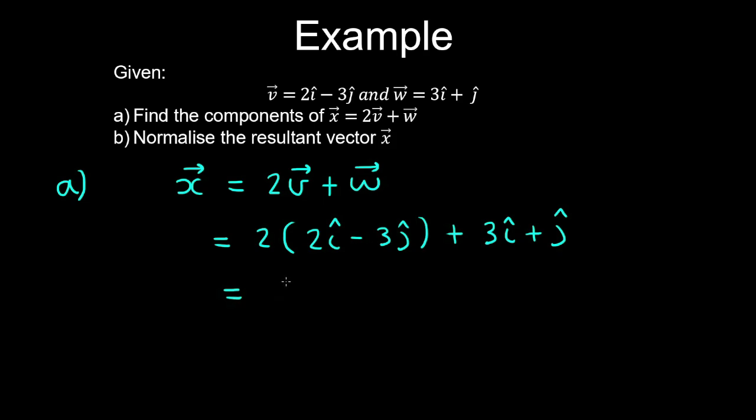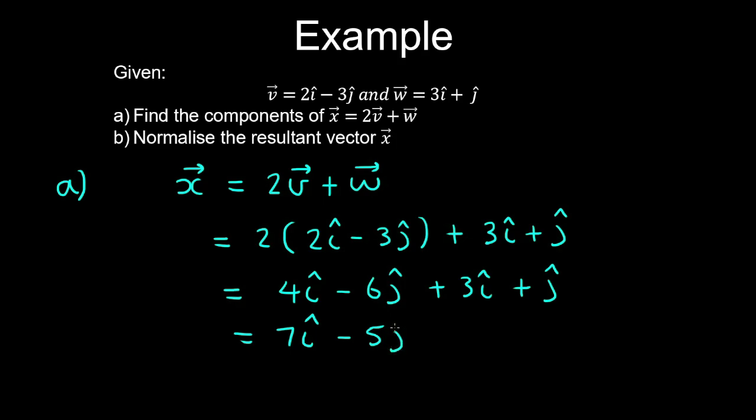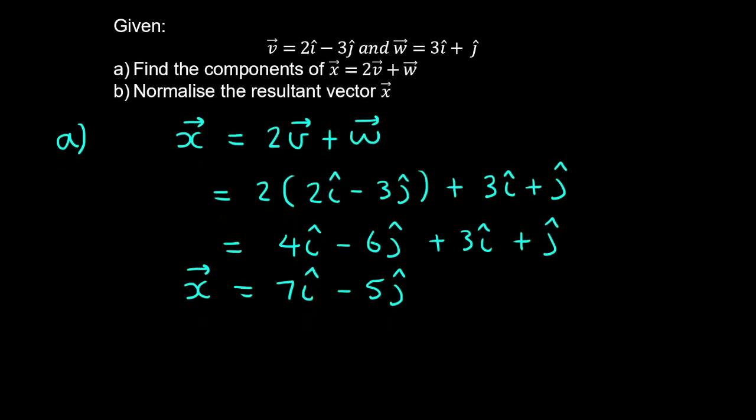So therefore, we have 4i minus 6j plus 3i plus j, which is 7i minus 5j. So that's our resultant vector.